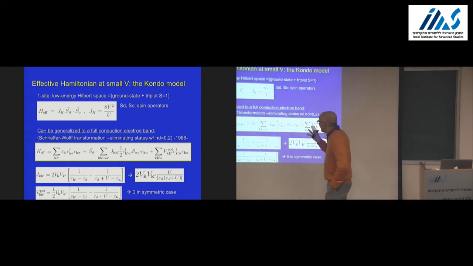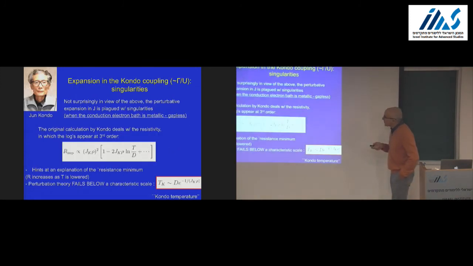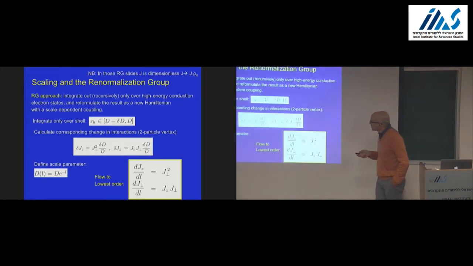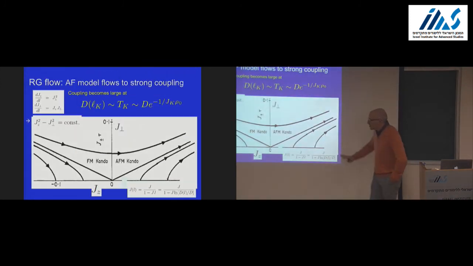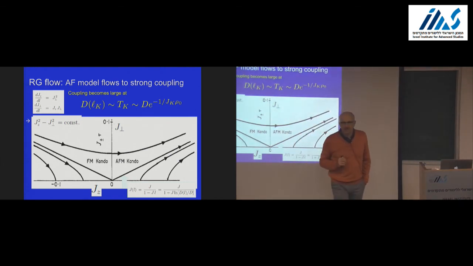The solution of this thing by Anderson, Yuval, and Hamann, and later Wilson, is essentially, I think, the first paper where an RG flow appeared. I'm not going to describe all this, I can keep this for the tutorial if you have questions, but I believe this RG flow of the Kondo problem was actually the first time that an RG flow appeared in a condensed matter paper in the literature.